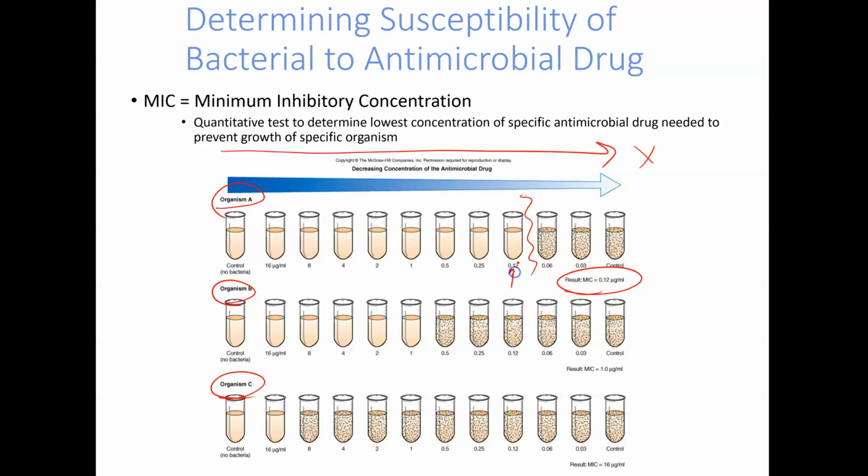So at a concentration of 0.12 micrograms per milliliter, this particular drug X is effective against organism A. Once we lower that concentration to 0.06, it's no longer effective.